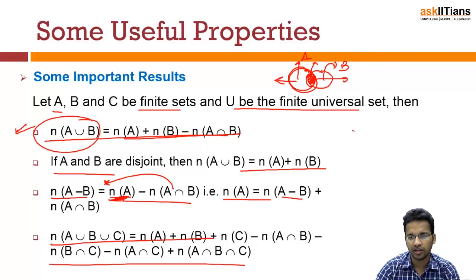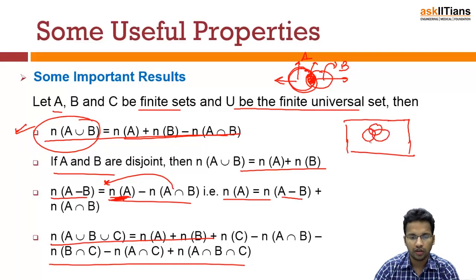Now for triplets you can interpret it like this, suppose you are having three sets, 1, 2, 3. Here if you add A, B, C, and I use a different color now, these regions in the green will be counted twice, right?